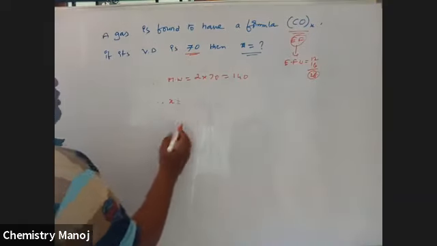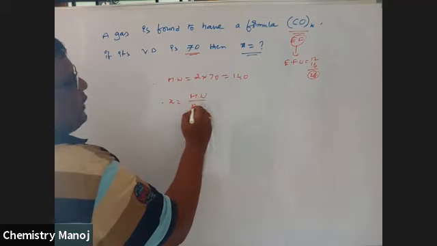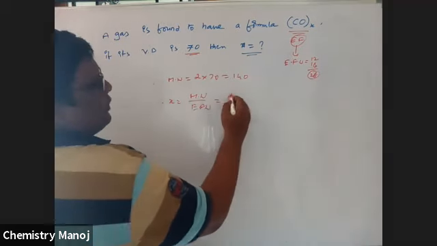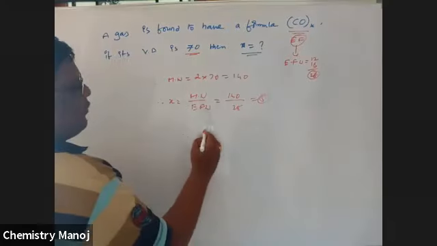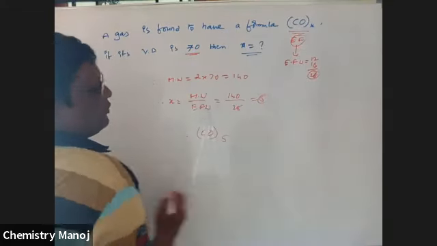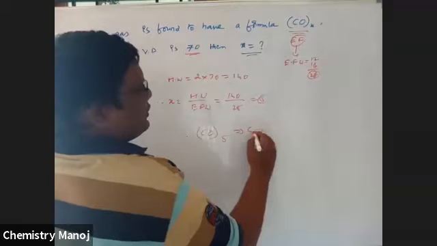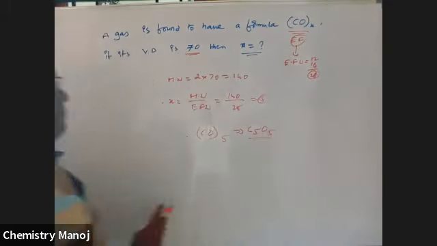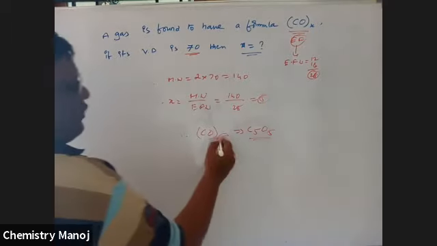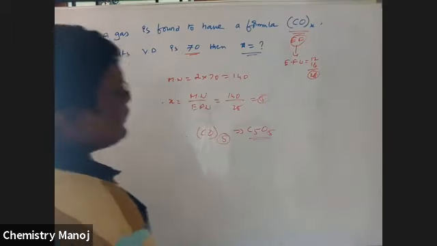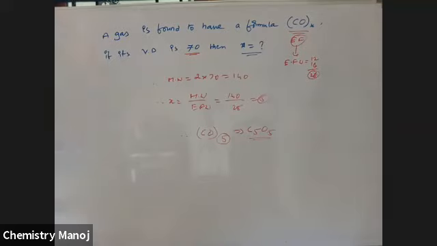Therefore, x is equal to molecular weight by empirical formula weight, that is 140 by 28, which is 5. Therefore, the formula is C5O5, and the x value is equal to 5.